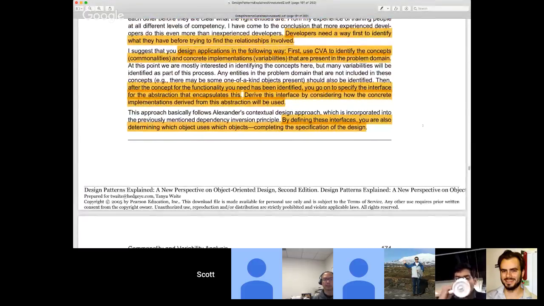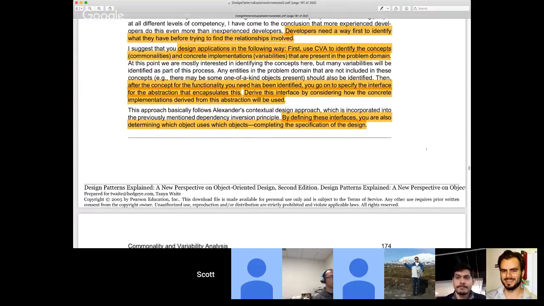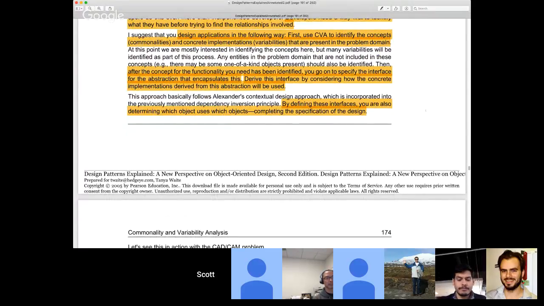So the author recommends that we use CVA to identify the concepts and concrete variabilities that are present in the problem domain. And so I went, yeah, that sounds right to me. But it ends up being somewhat trickier than it looks at first glance.